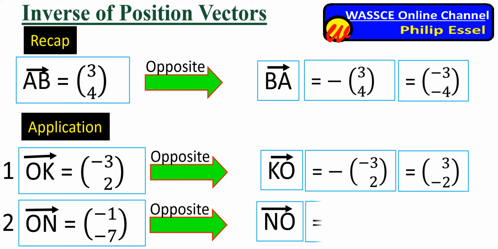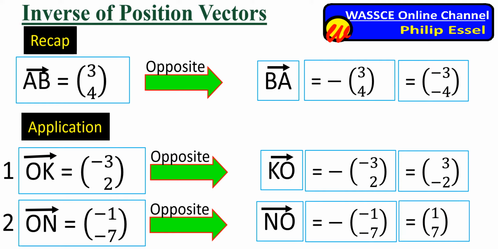This would give us the negative of the vector negative 1, negative 7, which is the same as the vector 1, 7.